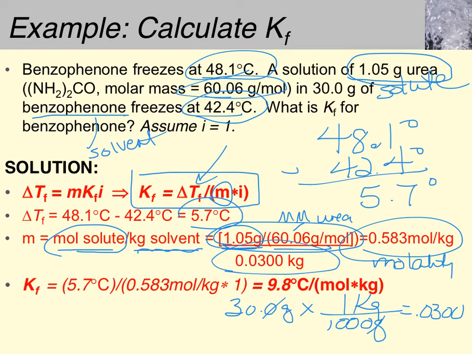So the only thing we need to figure out now is i, the van't Hoff factor. Well, look at the solute for that. The solute is urea, okay? And I know you don't know anything about urea. This problem really should have said that it's a molecule, which implies covalent bonds, or it's covalently bonded, or something.